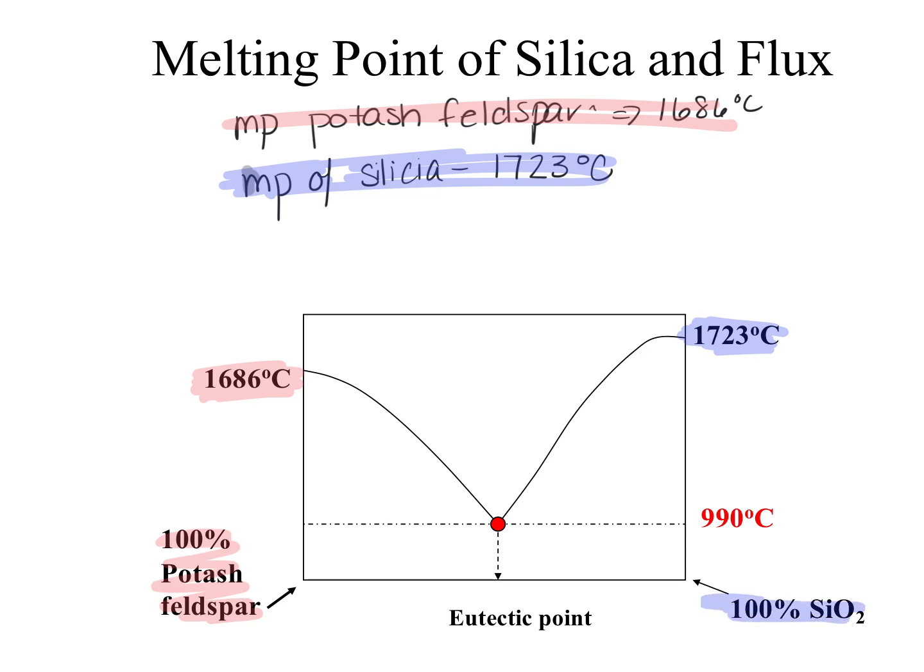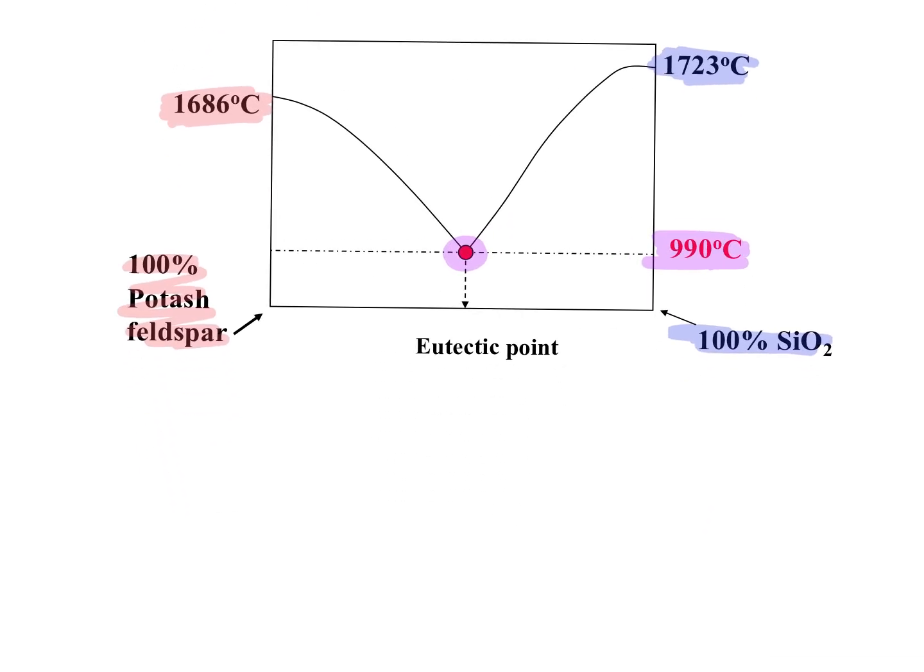Well, if you mix those two together, what you're going to find is that now their melting point is 990. This is called the eutectic point, and that is just the melting point of a mixture.